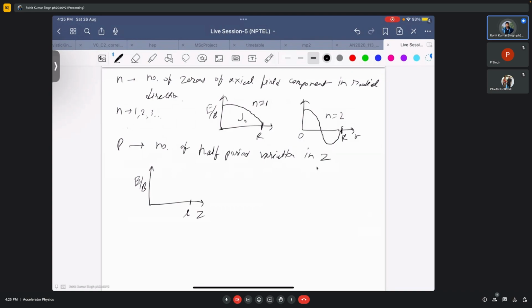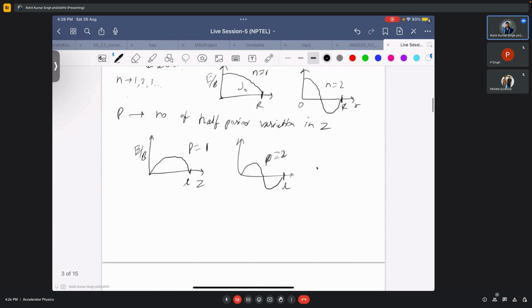If you have the electric field like this, you can say it has p equal to 1, because it is half the period. And if you have it like this, it is one full period, so two half periods, so p equal to 2. Okay, you get the idea, right? Yeah, so this is the concept behind m and p.